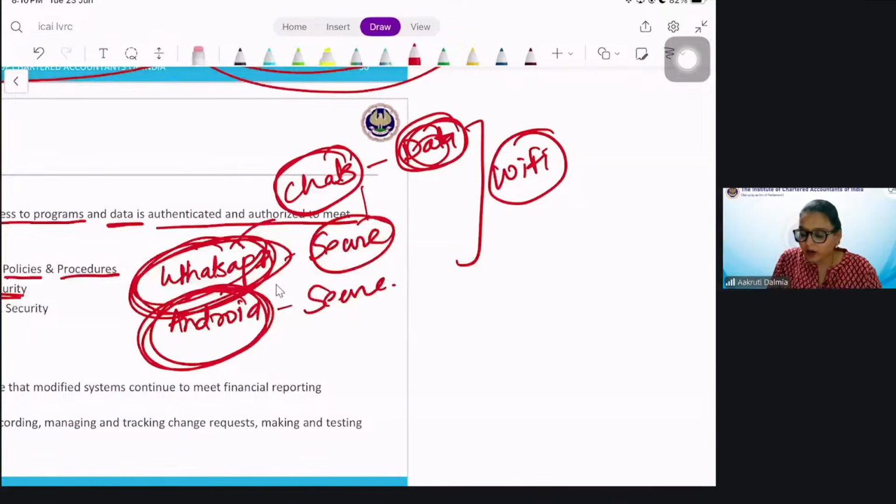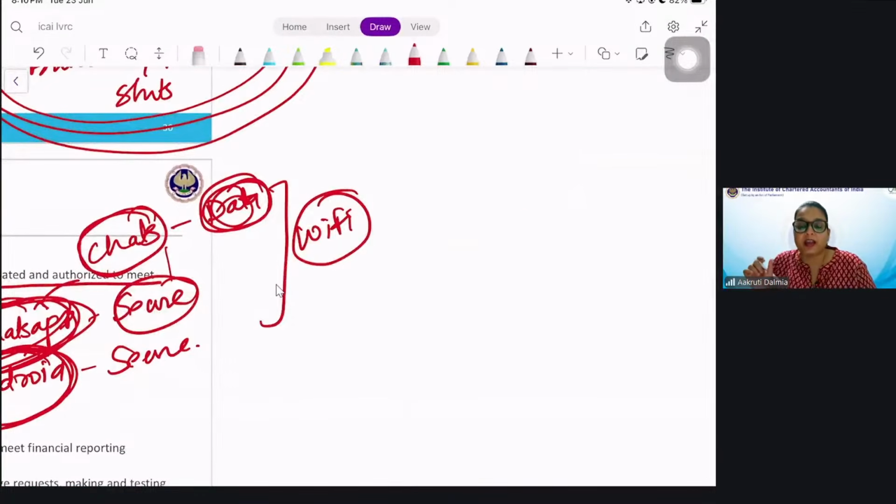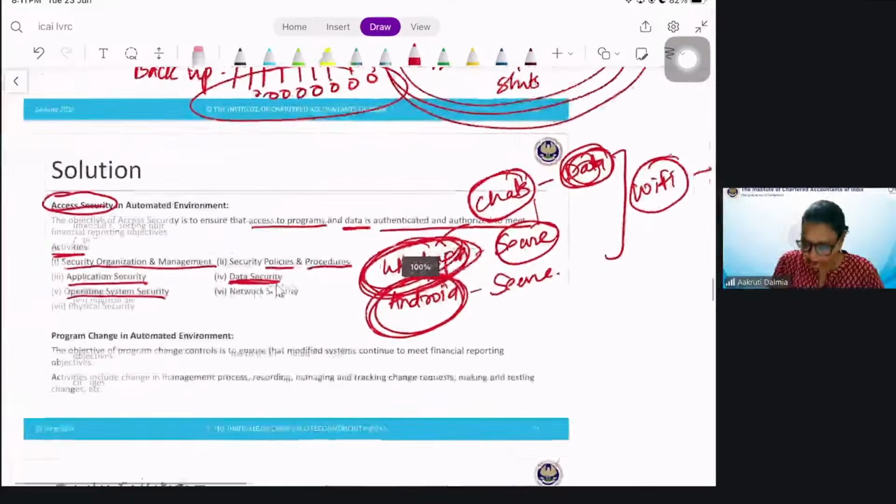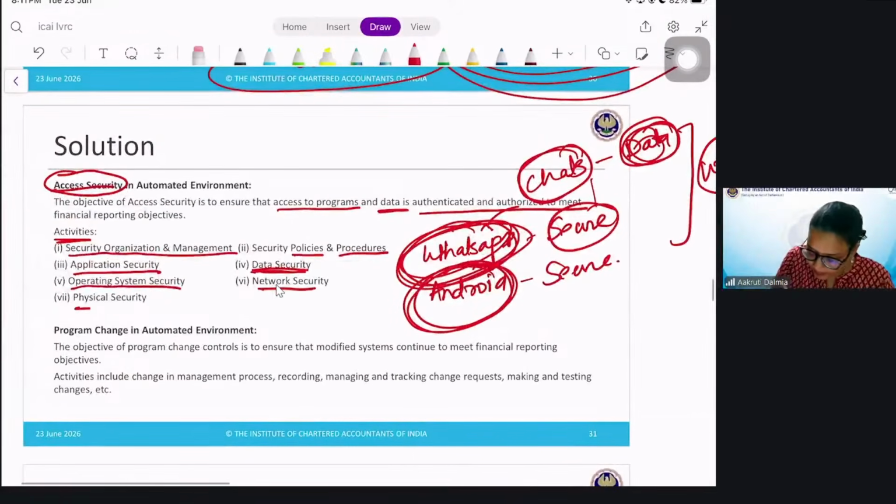Sometimes have you seen? Don't trust this Wi-Fi. It can steal your data. Sometimes if you connect public Wi-Fi, people warn you not to use it. Why? This is called network security. You must have heard about VPN and all. People say that if you use VPN, you are bypassing certain securities and you can be at high risk. So network security.